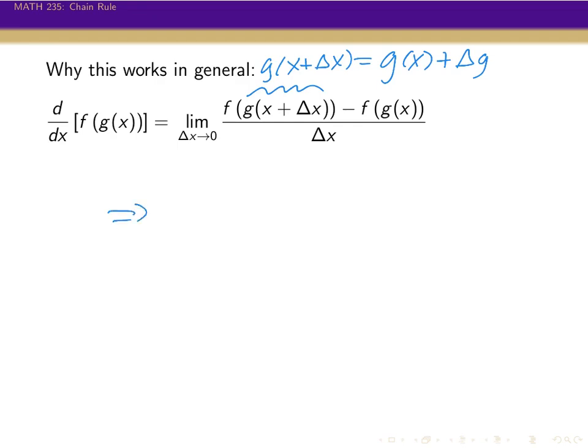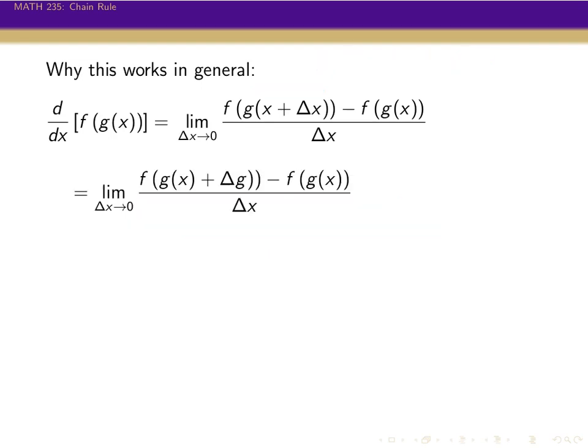Another way to think about this is that we're setting delta g to be the difference between g of x plus delta x minus g of x. So it really is measuring the difference between the two, or the change between the two. And we have that written nicely right there.